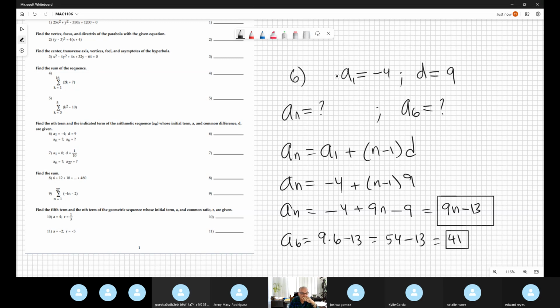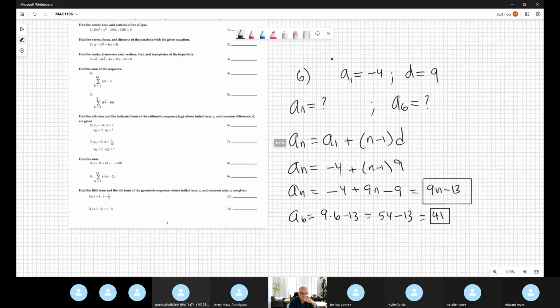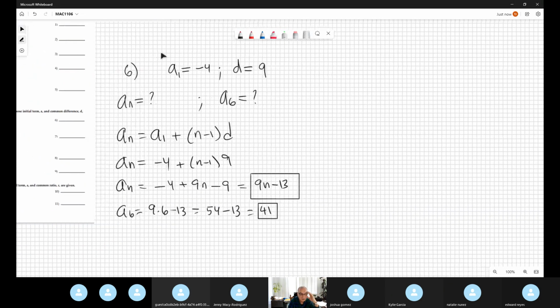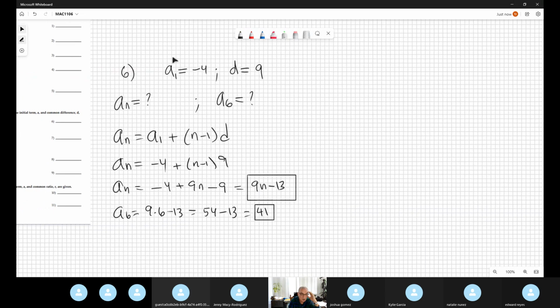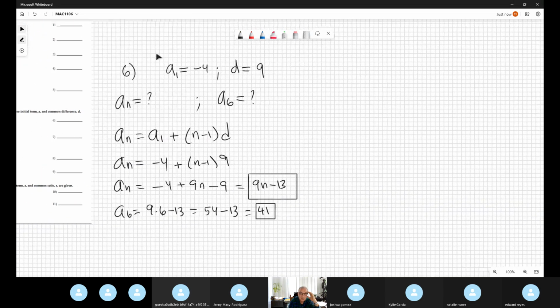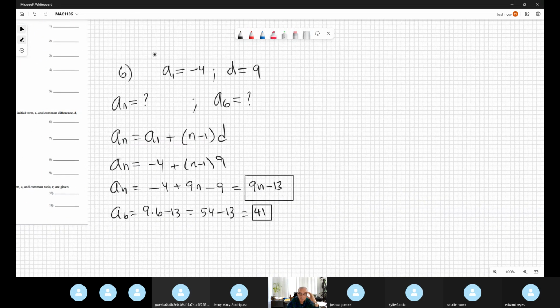Number 7 is similar. Very similar. It's an arithmetic sequence, but A1 is 0. The first term is 0, and the common difference is a fraction, 1 over 10. I don't care.